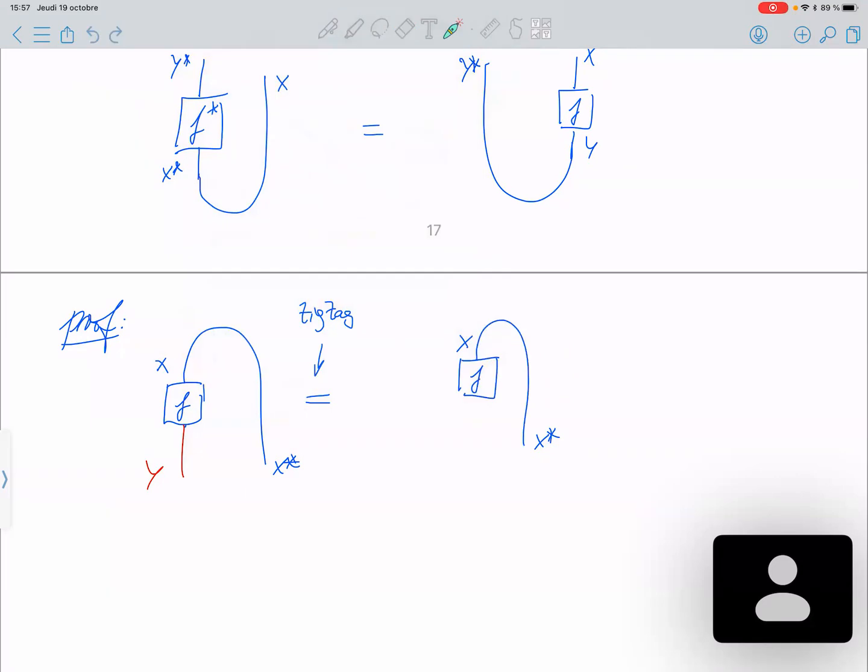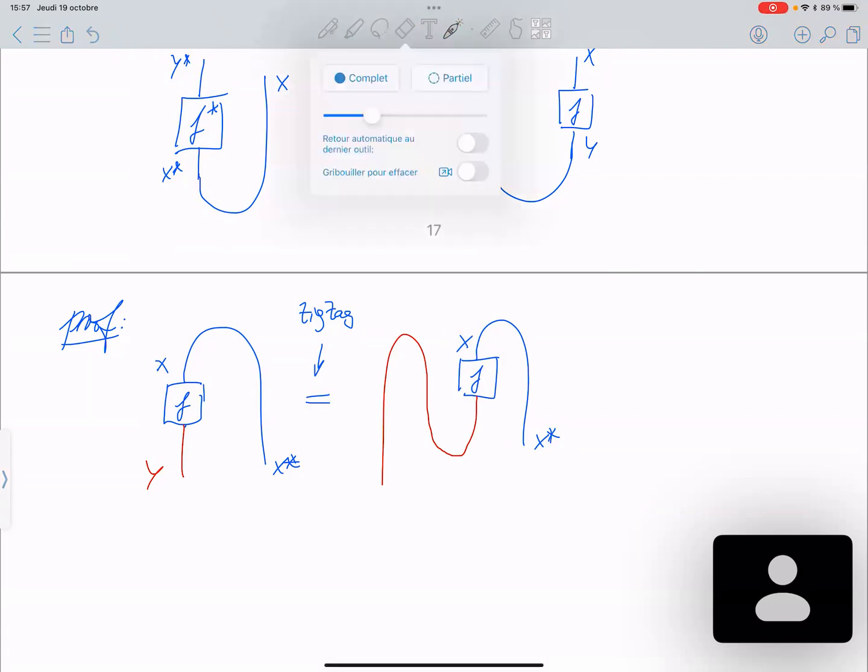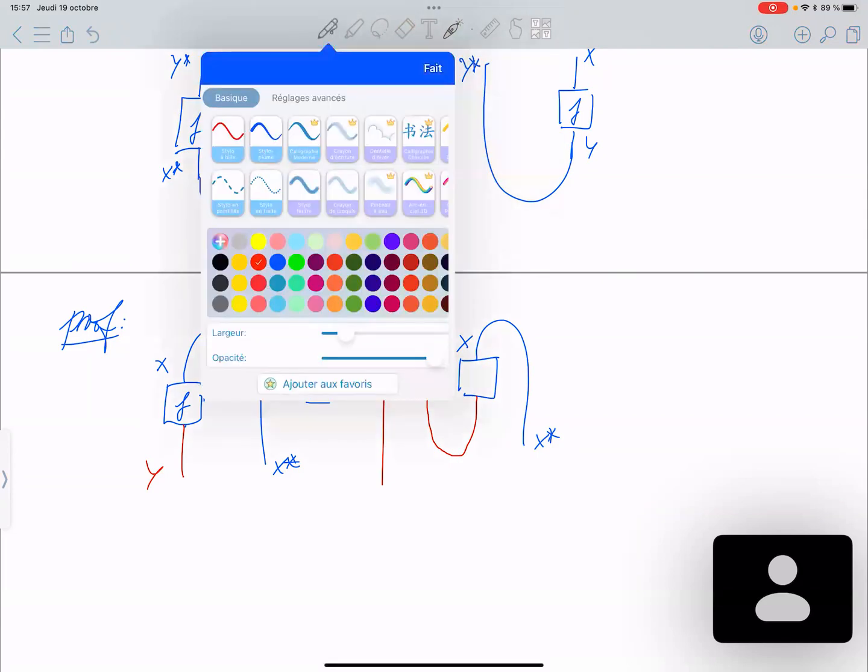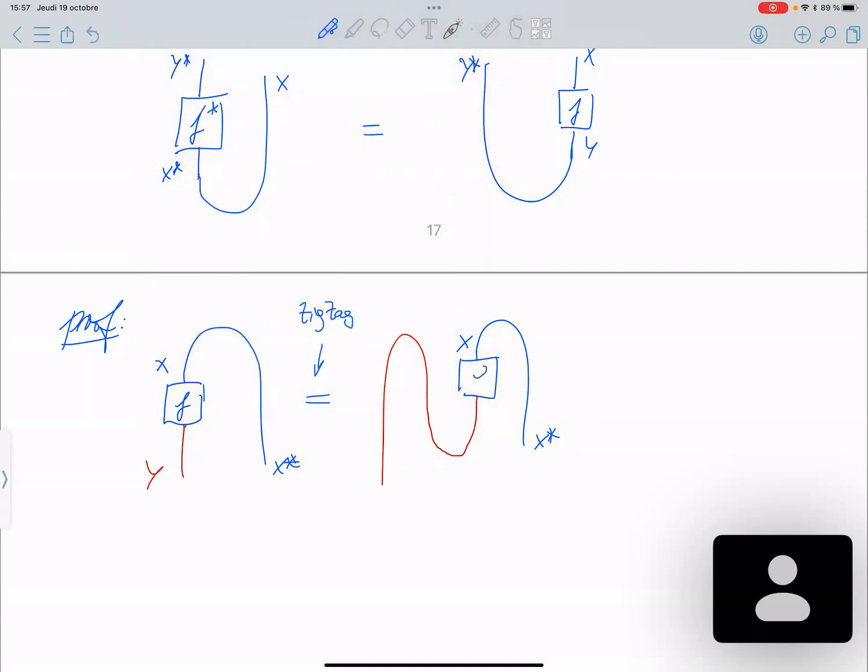Whoa, too much. So let me modify the size of the eraser. Okay. As I said, this is the dual of f by definition.